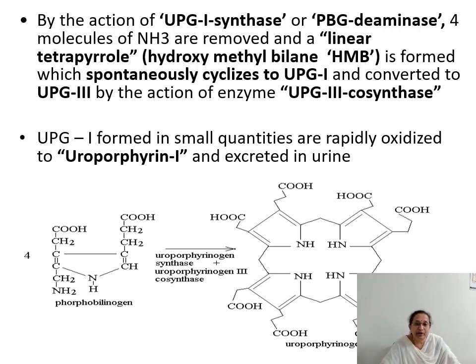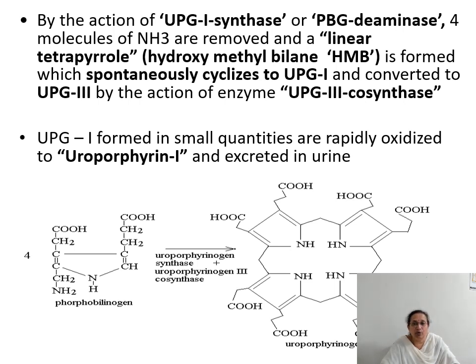So UPG1 formed in small quantities is rapidly oxidized to uroporphyrin 1, and then it is excreted in the urine. Right? So here 4 molecules of porphobilinogen condense with each other end to end in the presence of the enzyme UPG1 synthase or PBG deaminase.